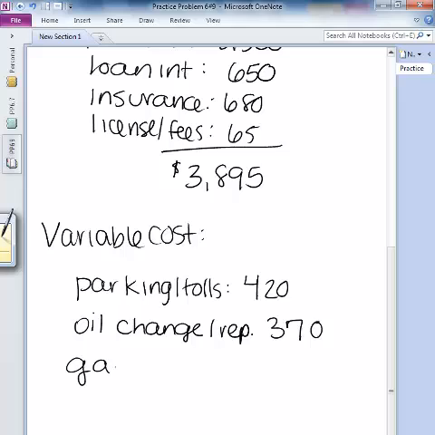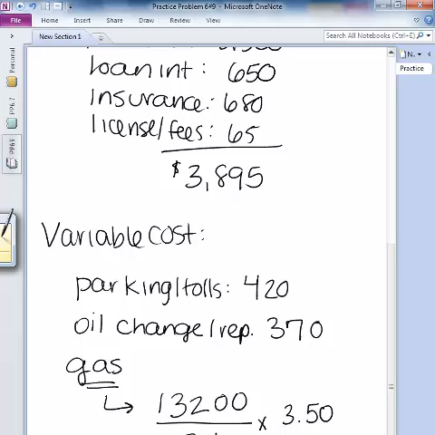So how do I get that value? We have to figure out our annual mileage, which is 13,200. That's my annual mileage, but I get 24 miles to the gallon, so I divide by the 24, and then multiply by the price per gallon, which was $3.50. This gives me the average amount that I'm going to pay for gasoline per year, so that's $1,925.